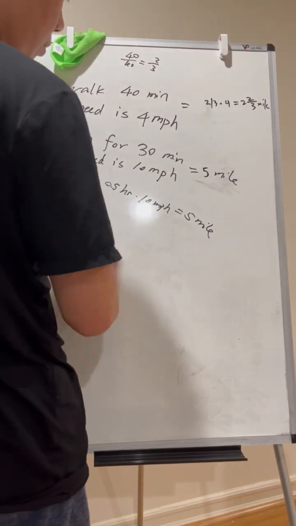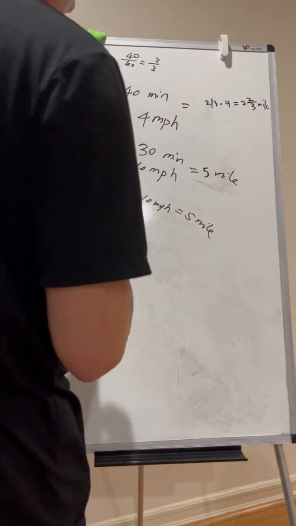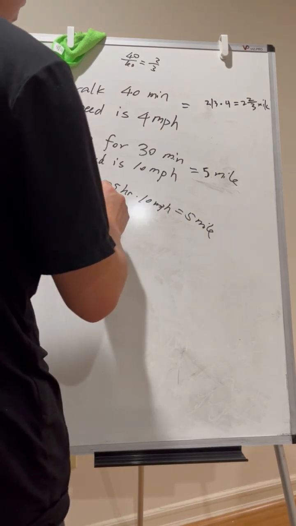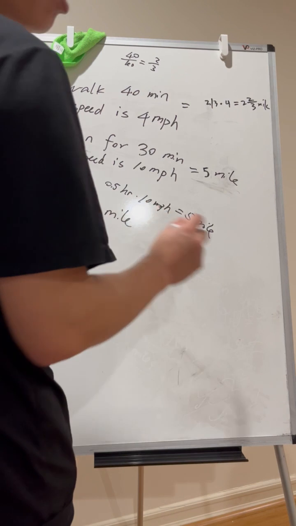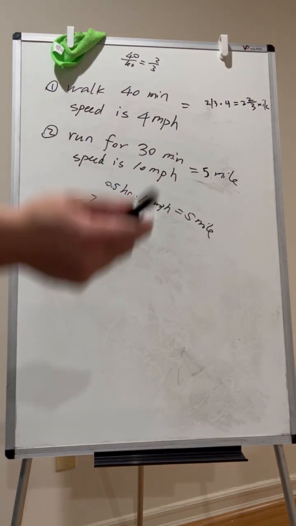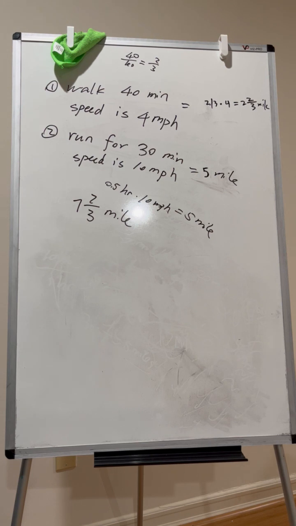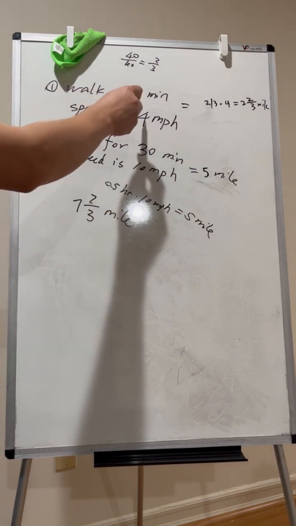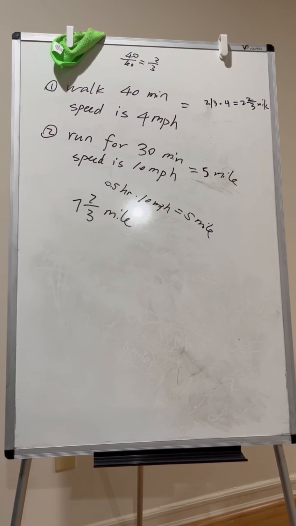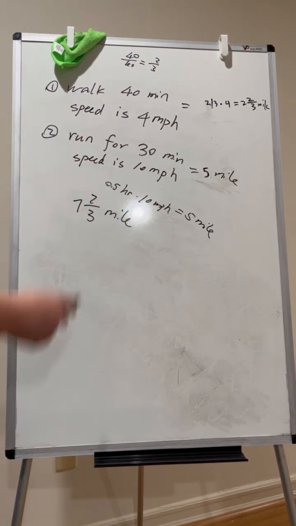Now let me ask you. So you do 7 and 2/3 miles in total, right? Now let me ask you, what's your average speed for the total distance? Remember, you walked first with lower speed and you ran with faster speed. What I'm asking is your average speed for the total distance.